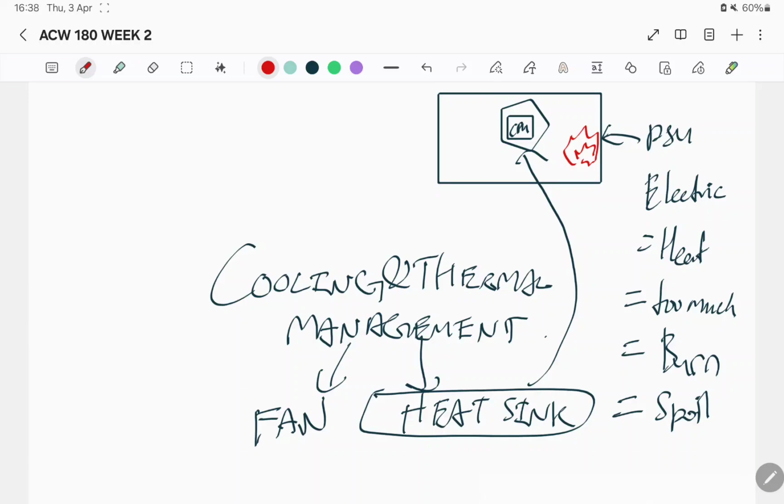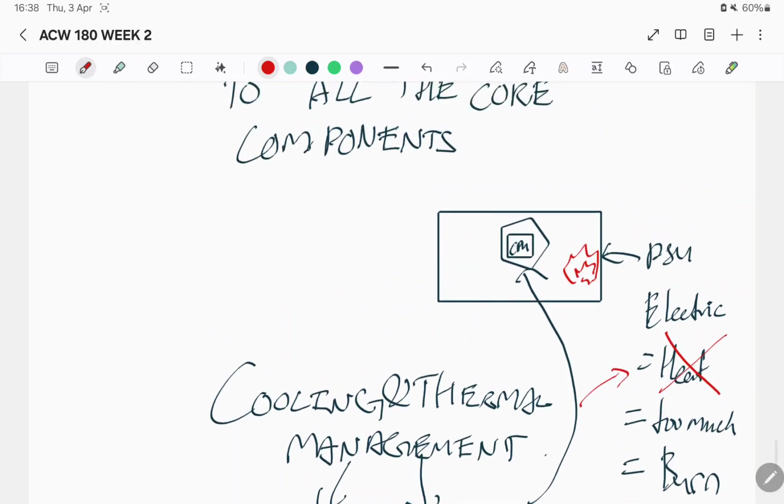So what you want to do is cool this heat away. Whatever things that you do, it will send in more current or electric.